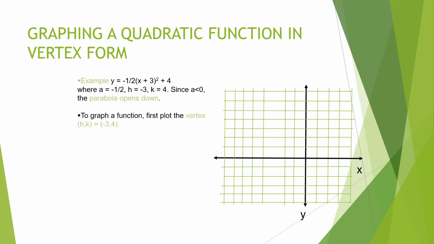To graph the function, first plot the vertex (h, k), or (negative 3, 4). Draw the axis of symmetry, which is x equals negative 3. Plot 2 points on one side of it, such as (negative 1, 2) and (1, negative 4), and use the symmetry to complete the graph.